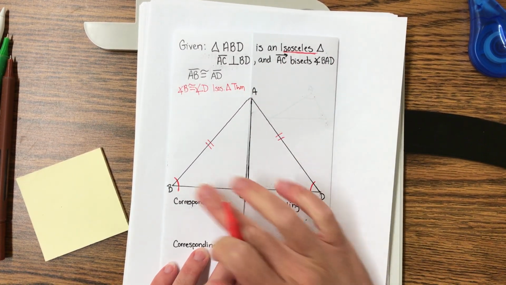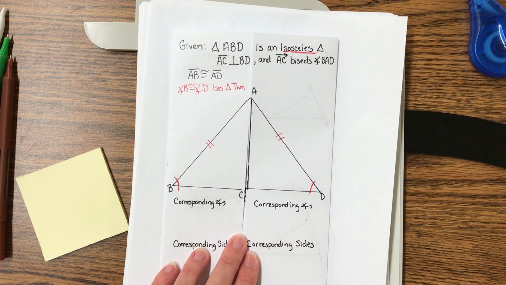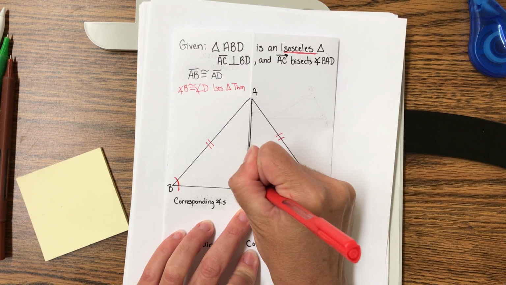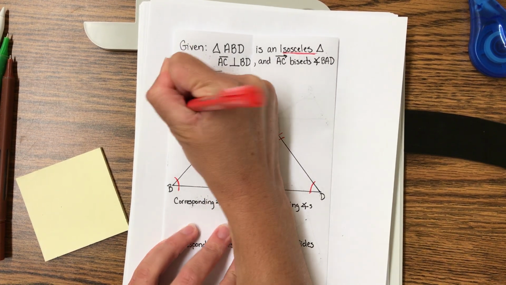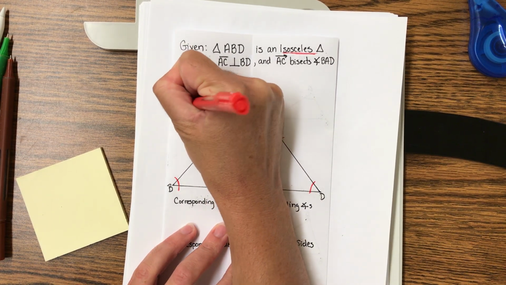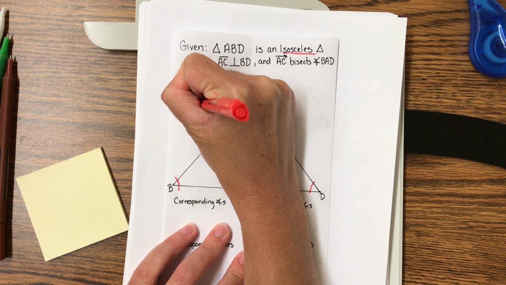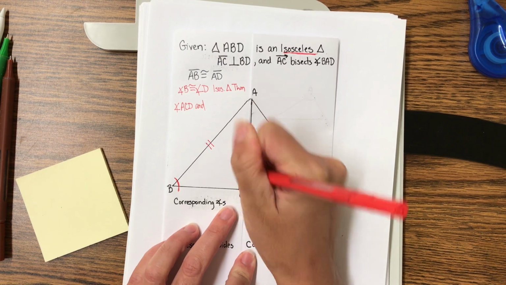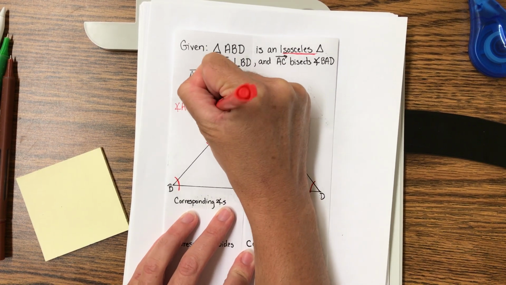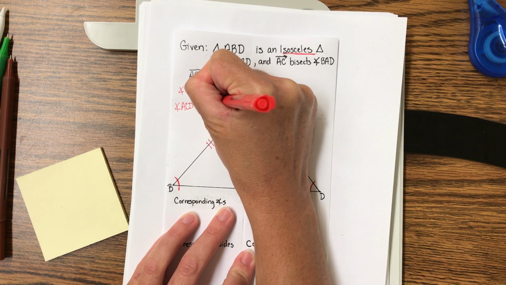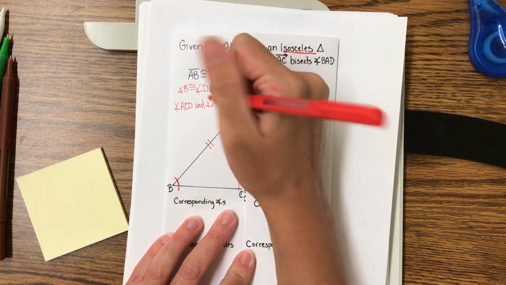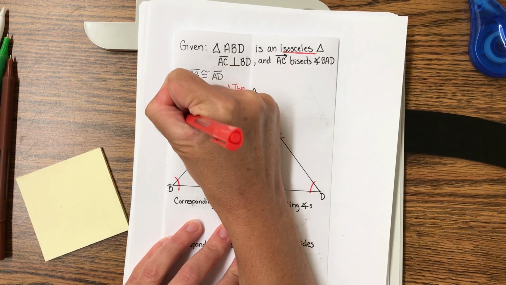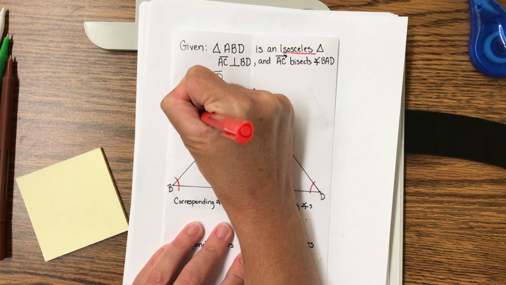If AC is perpendicular to BD, then that means that I'm going to have right angles. So angle ACD is a right angle, and angle ACB is also a right angle. Sorry, ACB. ACD and ACB are right angles.